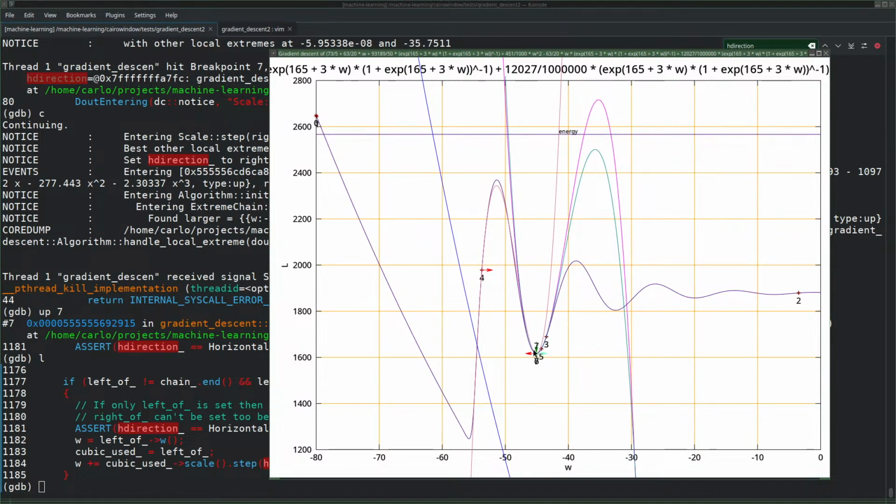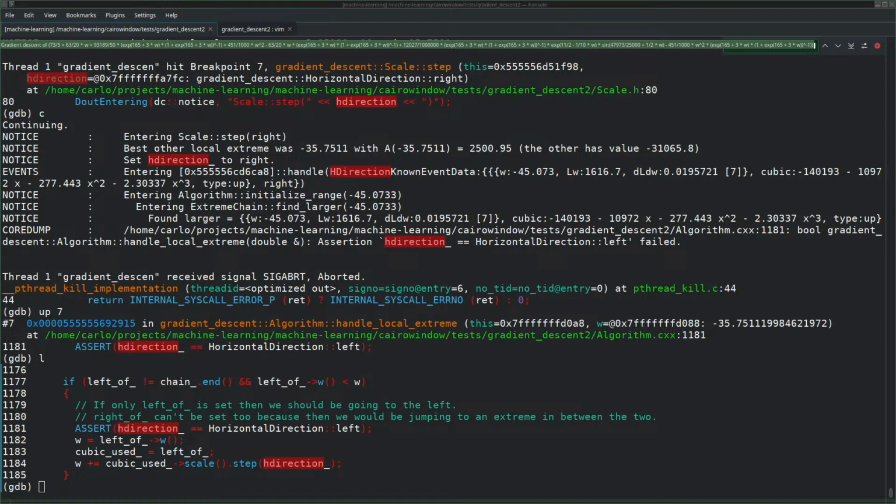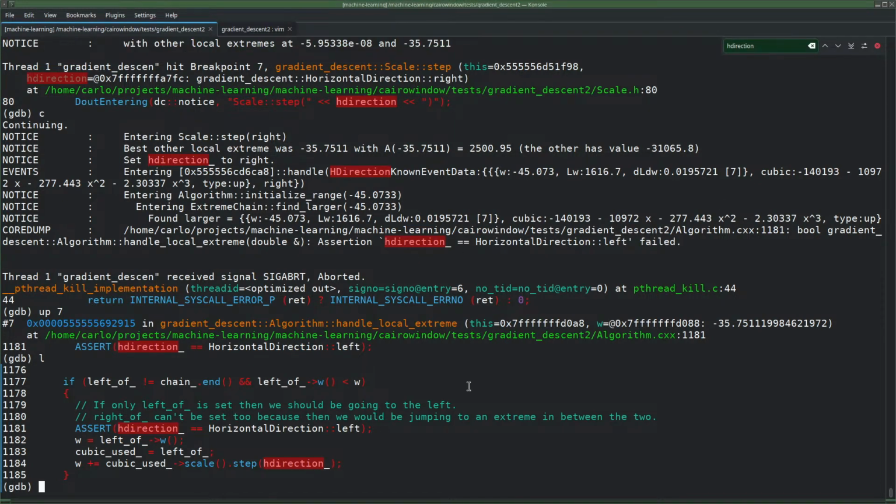So we're in the minimum, and then we just go to the maximum here, to the closest one here, because that's the maximum. We want to go from a minimum to a maximum. So now I expect it to jump there, but it doesn't. At least that's what I said and thought.